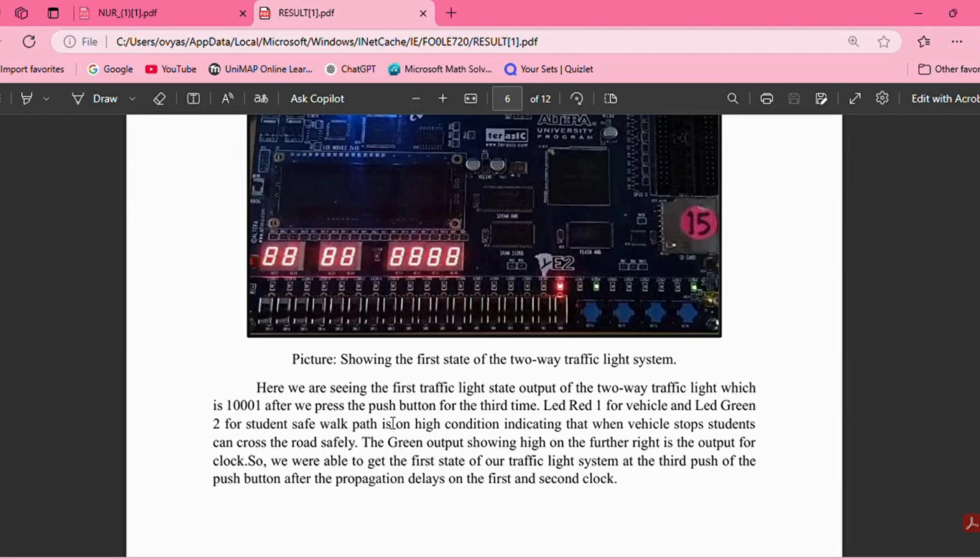After we press the push button for the third time, LED red 1 for vehicle and LED green 2 for student safe walk path are on high, indicating that when vehicles stop, students can cross the road safely. The green output showing high on the far right is the output for the clock. So we were able to get the first state of our traffic light system at the third push of the push button, after the propagation delays on the first and second clock.